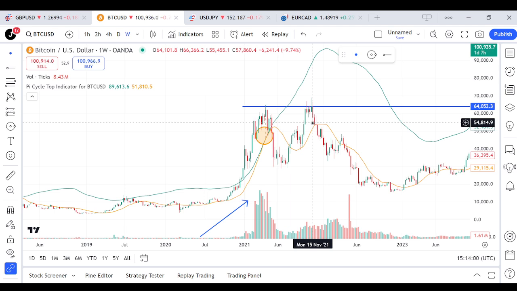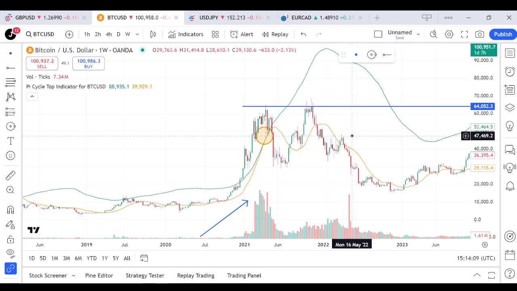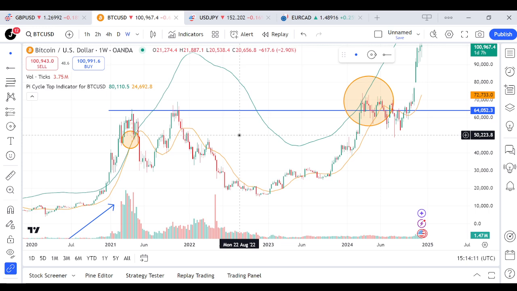It's crucial to use the Pi Cycle Top in conjunction with other technical and fundamental analysis tools. No single indicator is infallible, and false signals can occur. So by combining the Pi Cycle Top indicator with other analytical methods, you can make more informed decisions and potentially improve your trading outcomes.